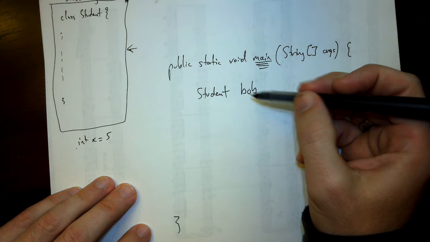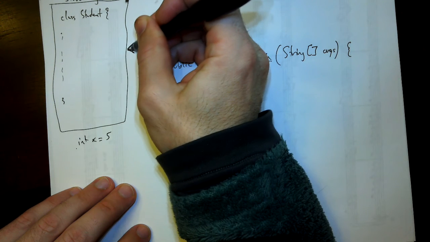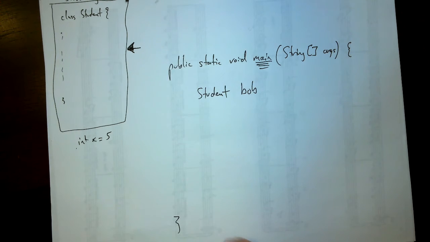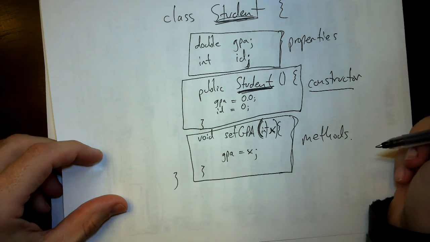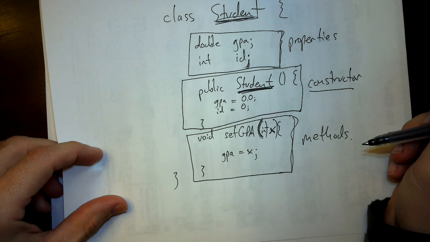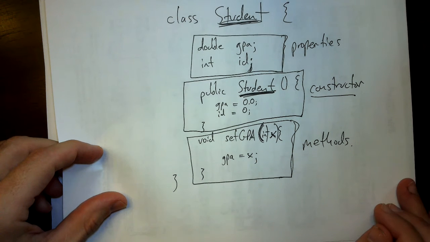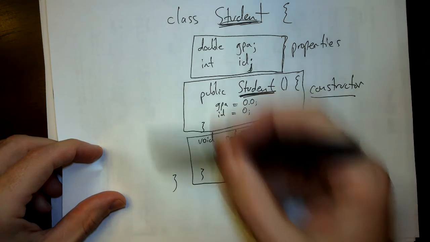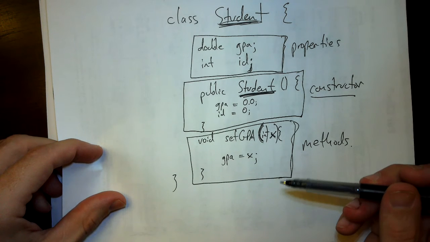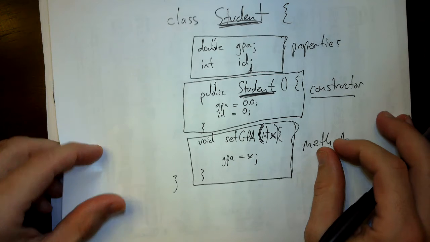I have to use the constructor that I made in my class, this right here, to make a new student. I can't just use a number or something like that, because a student has all this information inside of it. And so I have to use these to interact with my student.